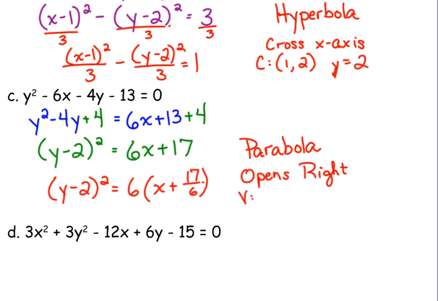The vertex is at negative 17 over 6, positive 2. What is the focal width? Six. What's the focal length? 6 divided by 4. 3 over 2 is the focal length.